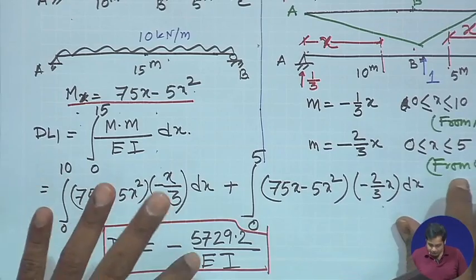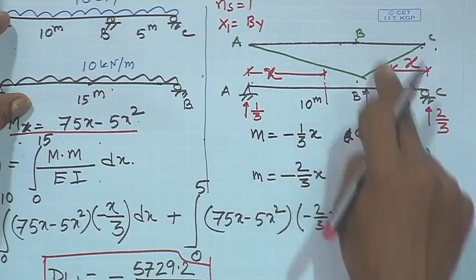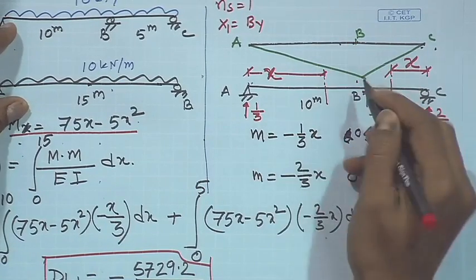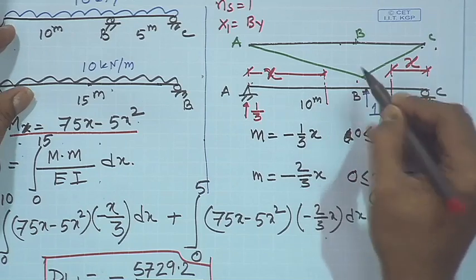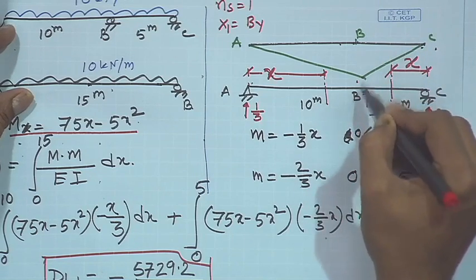Okay. Now, if this is dl1, next step is to find out the deflection in this structure due to this unit load, and that deflection is essentially the flexibility coefficient. So, next we need to find out what is F11 for this structure.